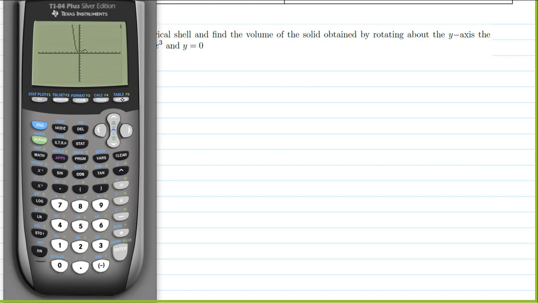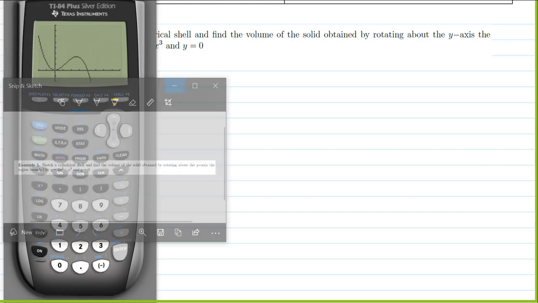So we graph that, and it's above y equals 0. So let's zoom in a bit. Let's go x min -1, x max 4, we'll go with 0.5s, and then y min -1, y max 4, and we can do 0.5s again. So we get something that looks like this.